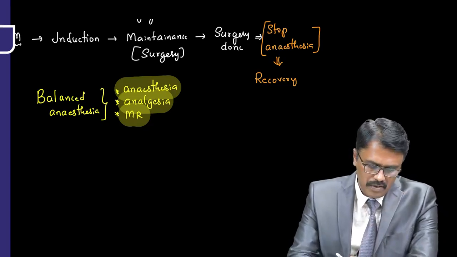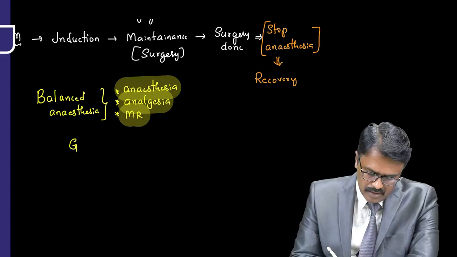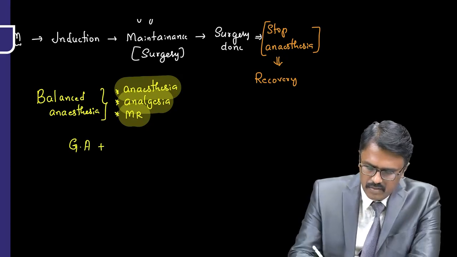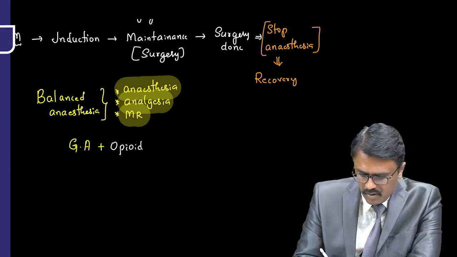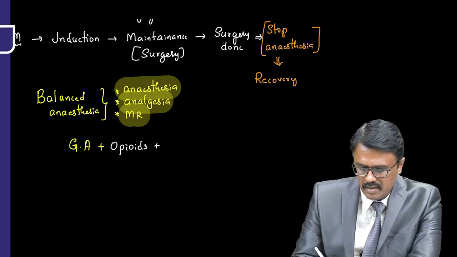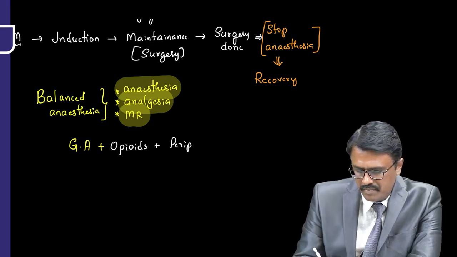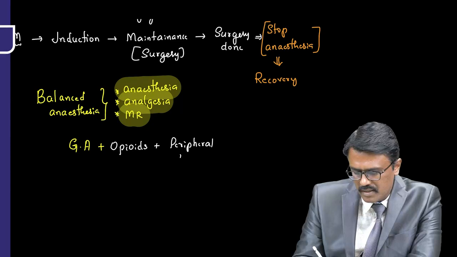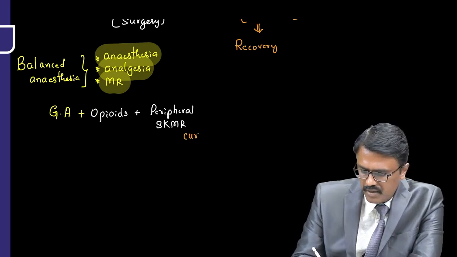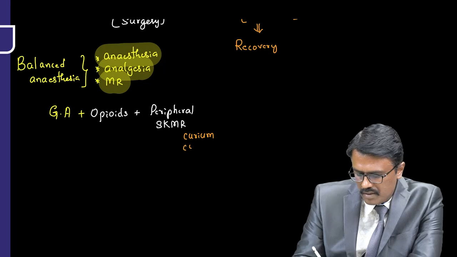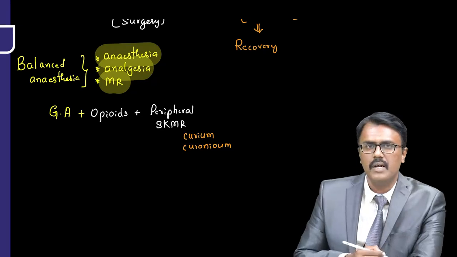So we give general anesthetic drugs, and along with that, for pain we add opioids. For muscle relaxation we give peripheral skeletal muscle relaxants. For example, the skeletal muscle relaxants end with either curium or curonium.